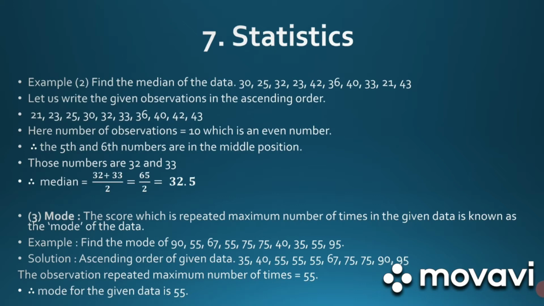Solution: the ascending order of the given data is 35, 40, 55, 55, 55, 67, 75, 75, 90 and 95. The observation which is repeated the maximum number of times is 55. Therefore, the mode of the given data is 55.